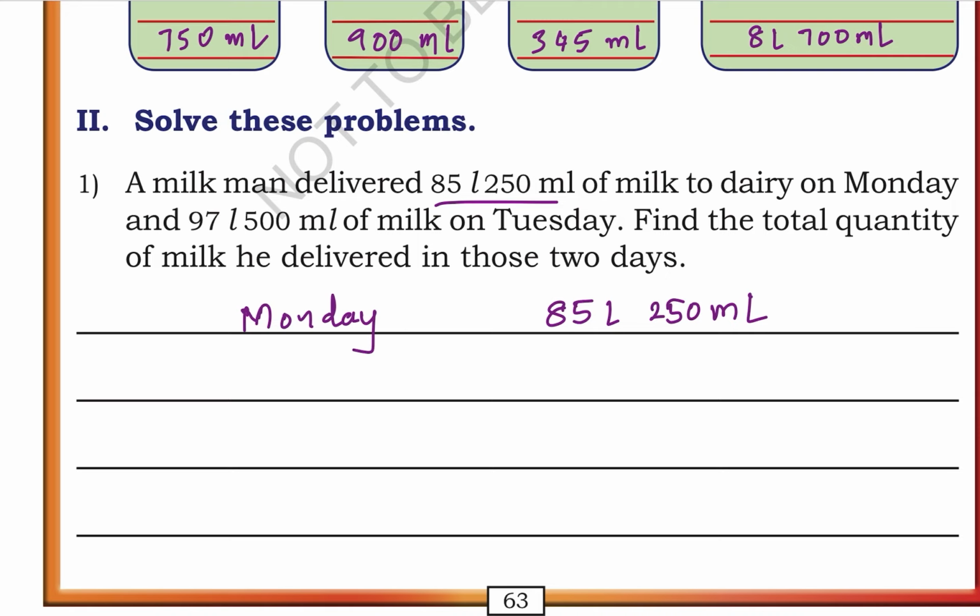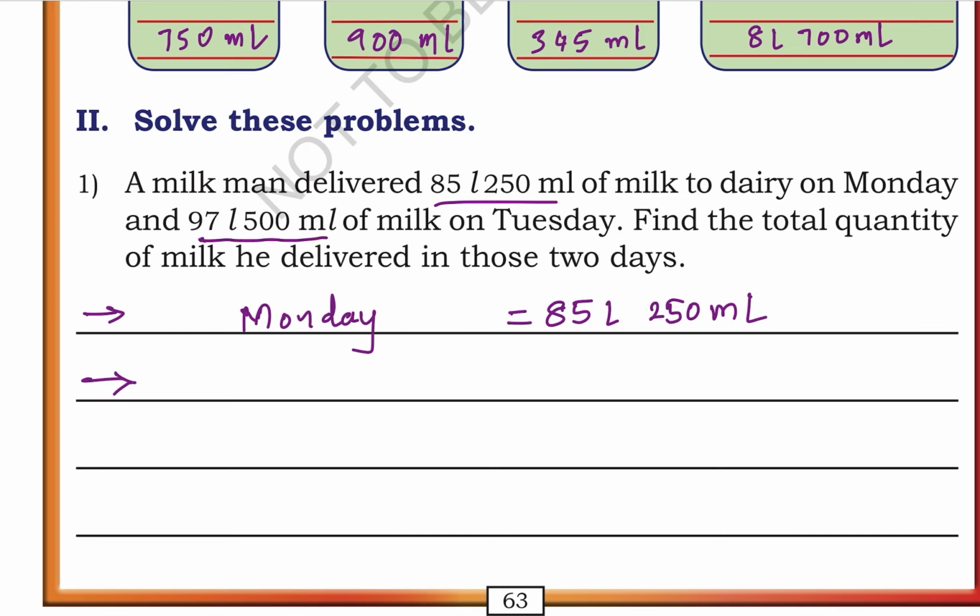You have to write a complete sentence here. I am writing only Monday, but you have to write: a milkman delivered milk to dairy on Monday is equal to 85 liter 250 milliliter. Like this you have to write, but I am writing in short form. Okay, you have to write it completely.